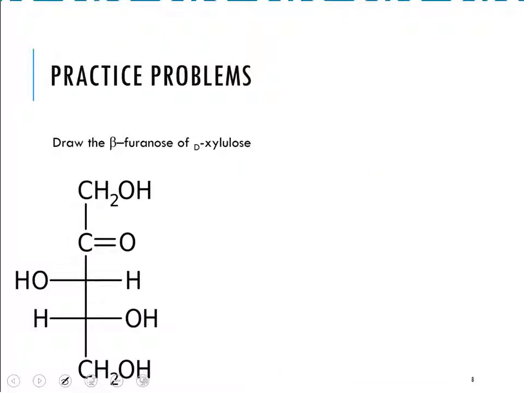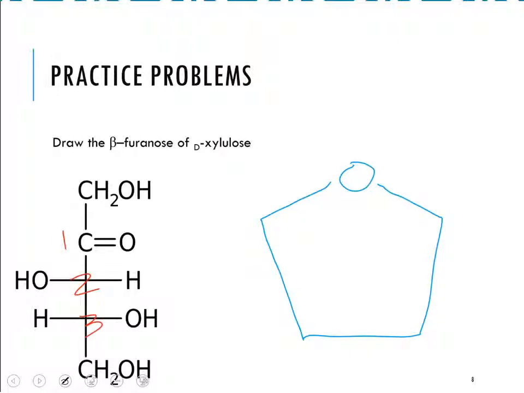So we're going to draw the beta furanose version of D-xylulose. So again, we're going to start with that ring shape. So there's my oxygen and my 5-membered ring. And I'm going to number my carbons here. 1, 2, 3, 4.